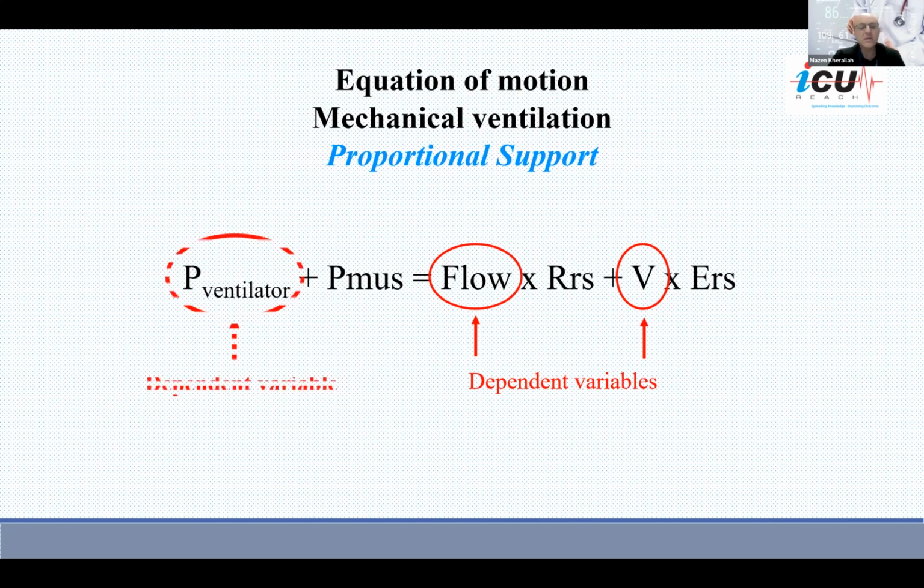And the ventilator is another dependent variable. Okay, how is that possible? Well, the pressure generated by the patient will dictate how much ventilator pressure we're going to give. So that pressure is dependent on how much the patient is breathing.